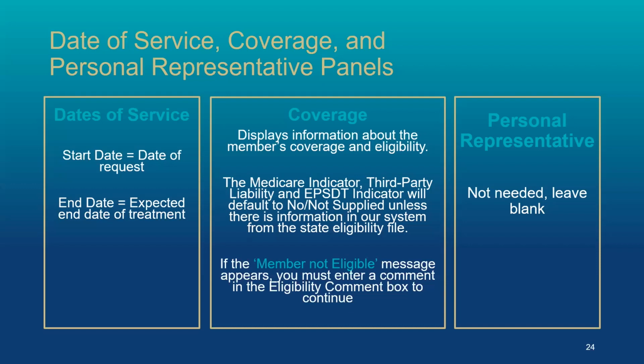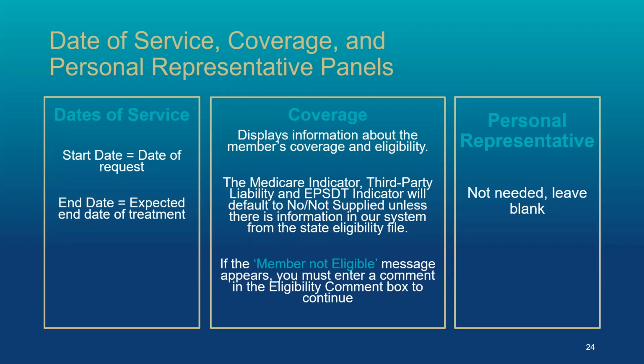If a message pops up on the coverage panel that says member not eligible, there is an eligibility comment box where you need to put a note, which will then allow you to continue with the review. The system tries to be very smart, and sometimes it's not.